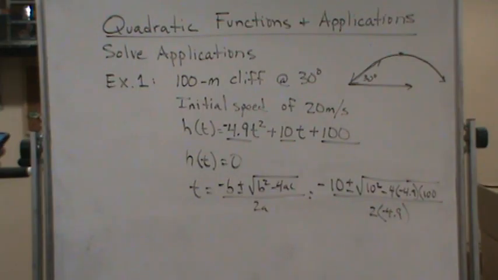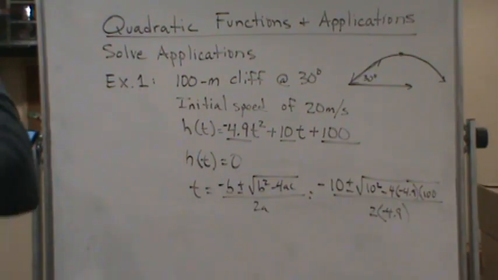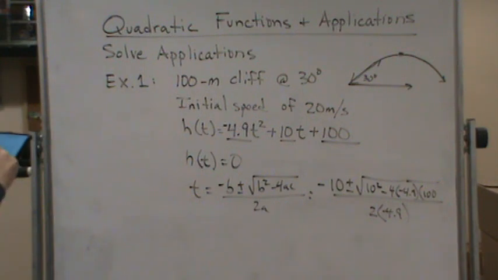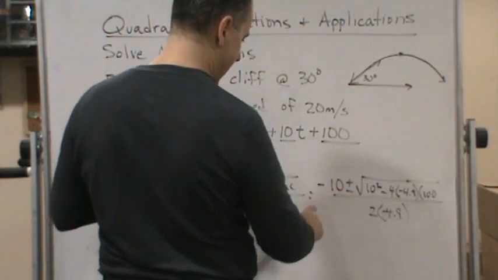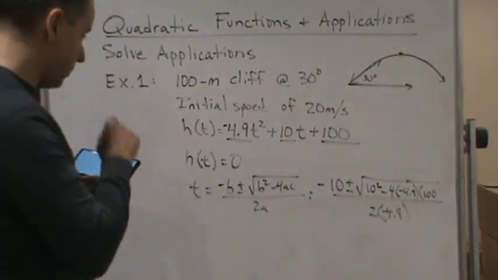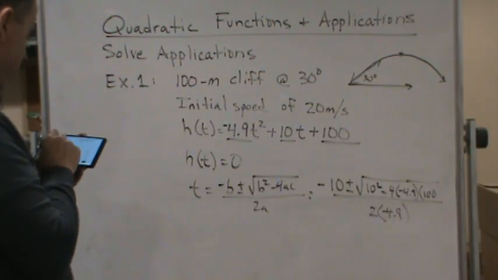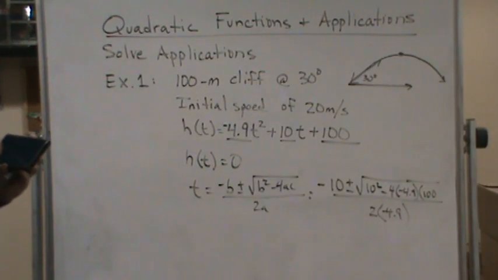Okay, so I get approximately 45.387. Okay, so now I'm going to take negative 10 plus that, because there's a plus or minus here. So let's do the plus.